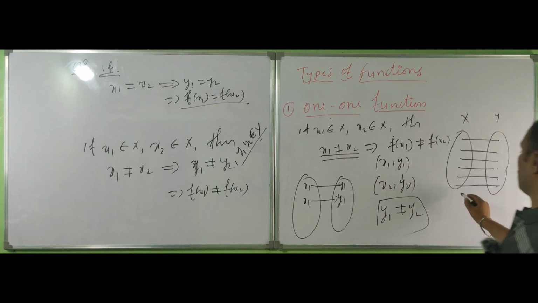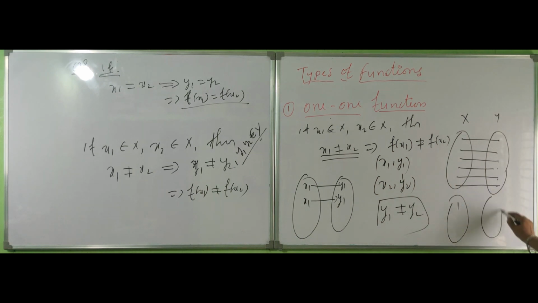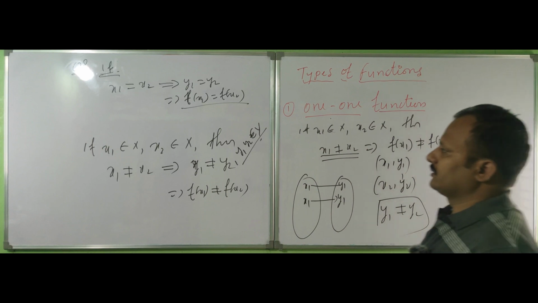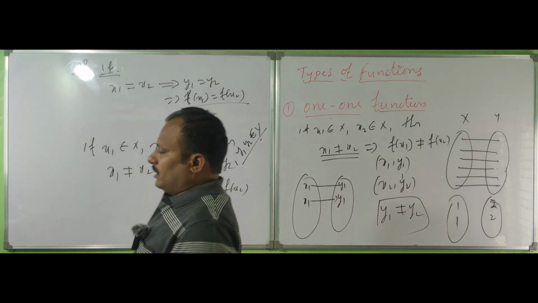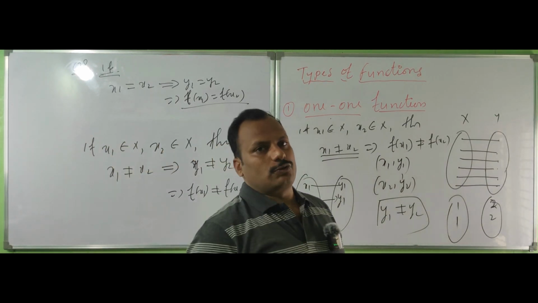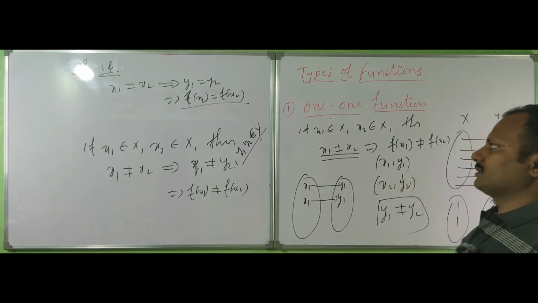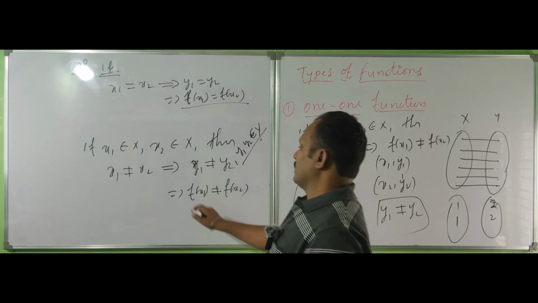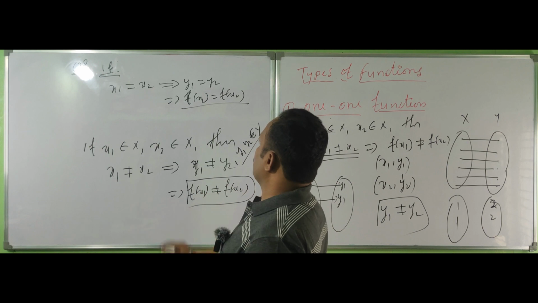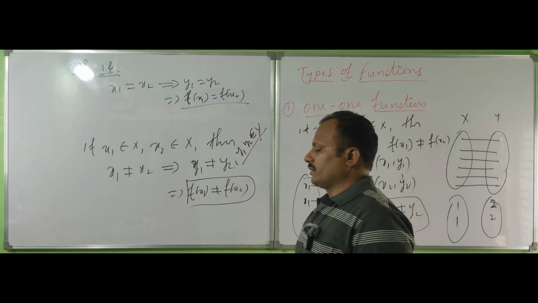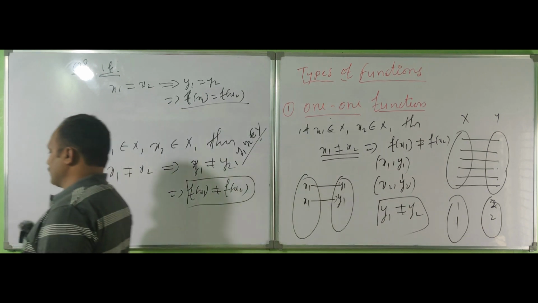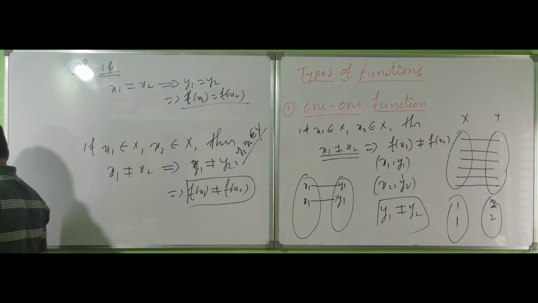Like that we can write. A function is said to be one-one if f of x1 is not equal to f of x2, or f of x1 is equal to f of x2. We can prove either. This is the one-one function.